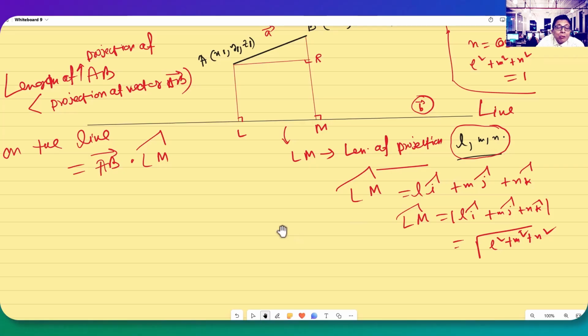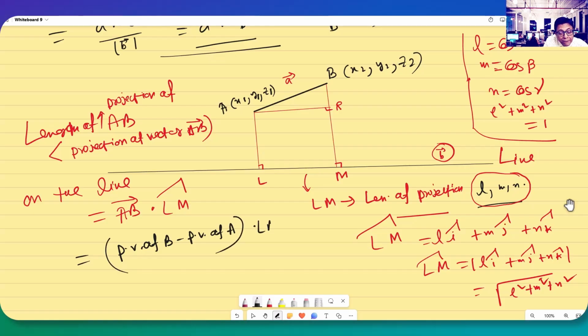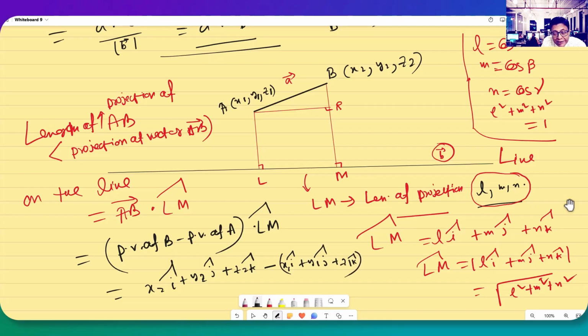But now AB was not a vector, it was a line segment. But I told you we can make it a vector over there. AB vector is what? It is position vector of B minus position vector of A, dot LM cap. What is that? B is x2 i, y2 j, z2 k minus x1 i, y1 j, z1 k.